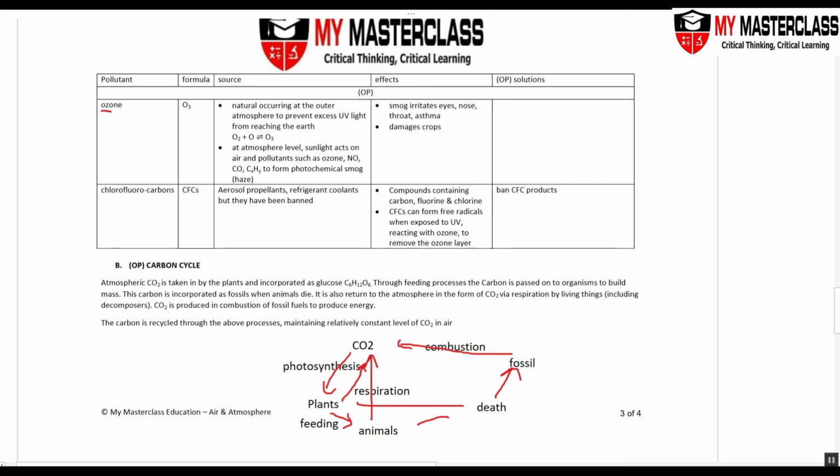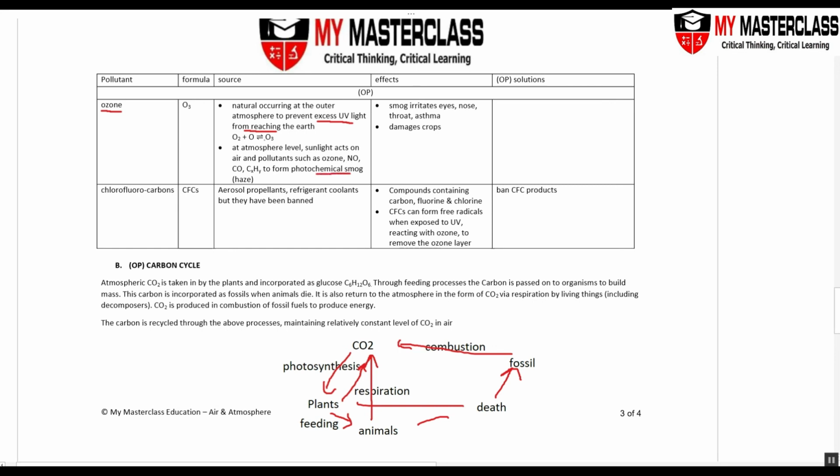Okay, ozone, right? The formula is O3. This is actually a naturally occurring outer atmosphere layer. So at the outer atmosphere, we have a layer of ozone that prevents excess UV light from reaching Earth. Okay, but if there is ozone in the lower atmosphere, it will react with sunlight. With sunlight, this ozone can break down again to form your smoke.